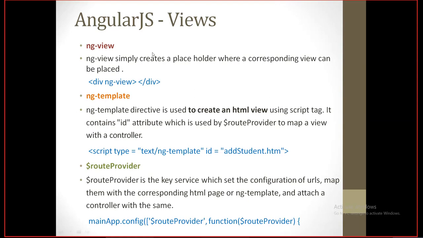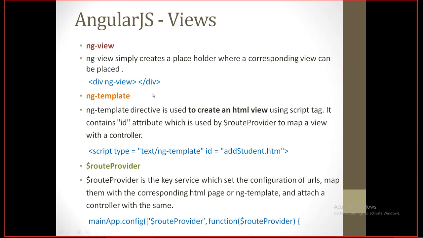So as I told, whenever we use ng-view, we are creating some space, or we are creating room for the page to get loaded, or the content of the page to get loaded. So as I told, there will be a single page, but if we try to access some other page, the content of that other page will get loaded on the current page. Now where it should get loaded, so we have to reserve some space on the current page.